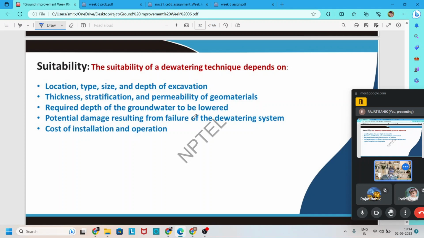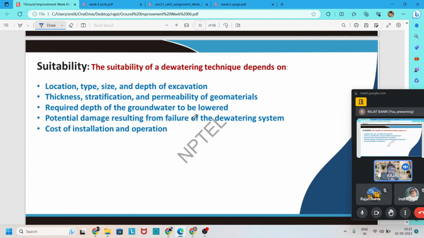This technique depends on a few factors like location, type of soil, size of the excavation or construction, and depth of the excavation or construction, whether that region is fully saturated or not, and whether the soil is cohesionless or fine or silty soil.